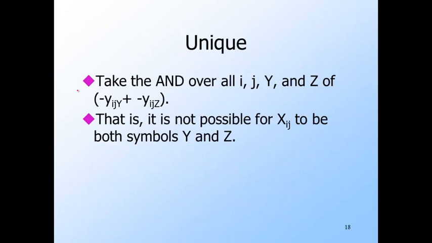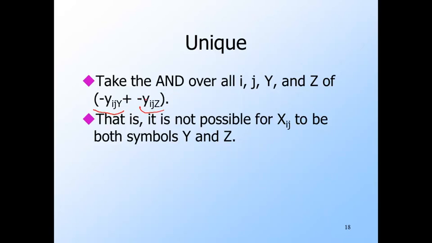For unique, we use the AND over all IDs i, positions j, and states or tape symbols Y and Z of the expression, not y sub ij capital Y, or not y_ij capital Z. This little expression is satisfied as long as at most one of the two Boolean variables, y_ij capital Y and y_ij capital Z, is true.